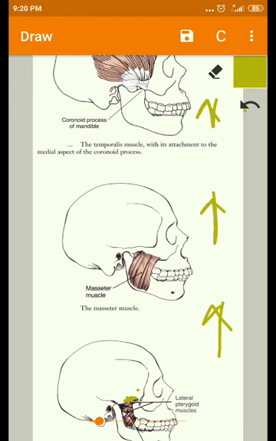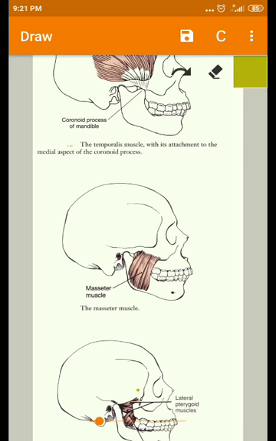One is the temporalis muscle, the masseter muscle, and also the superior portion of the lateral pterygoid muscle. Whereas the inferior part of the lateral pterygoid muscle helps as a depressor. That means mandibular depression, meaning opening of the mouth.